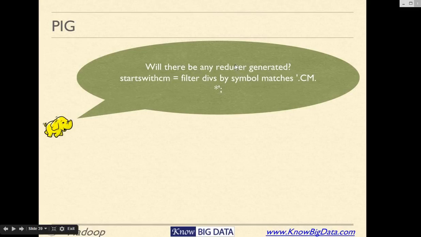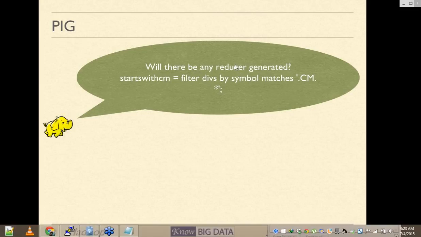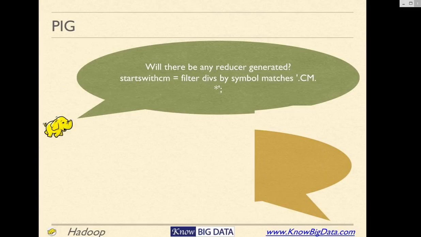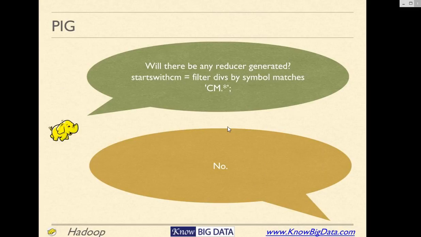Okay, let's answer this question. Will there be any reducer code generated for this? Starts with CM, filter divs by symbol matches cm dot star. Do you think any reducer code will be generated for this particular command?